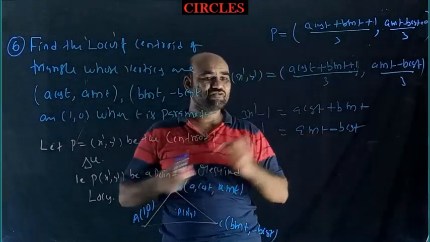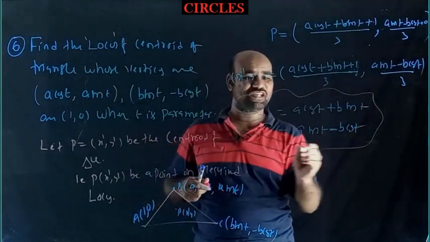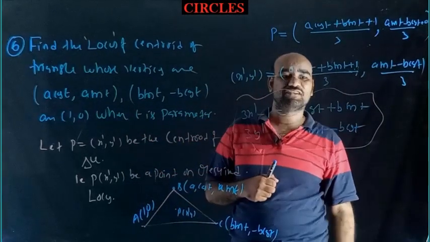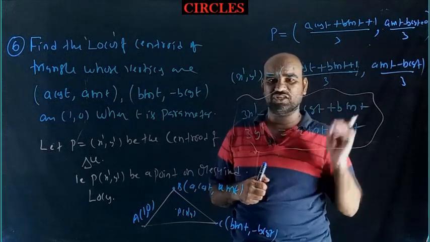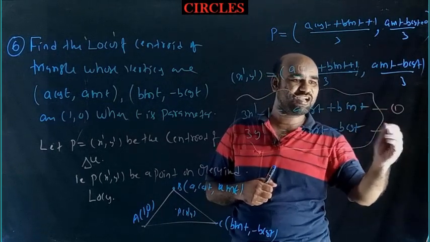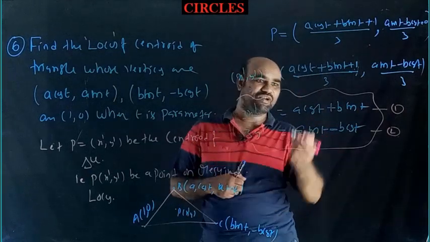Actually, our plan is to create the relationship between x' and y'. That means we don't want trigonometric ratios here; we just want to eliminate them. Observing these two equations, you can simply say that squaring and adding, we can eliminate these variables.